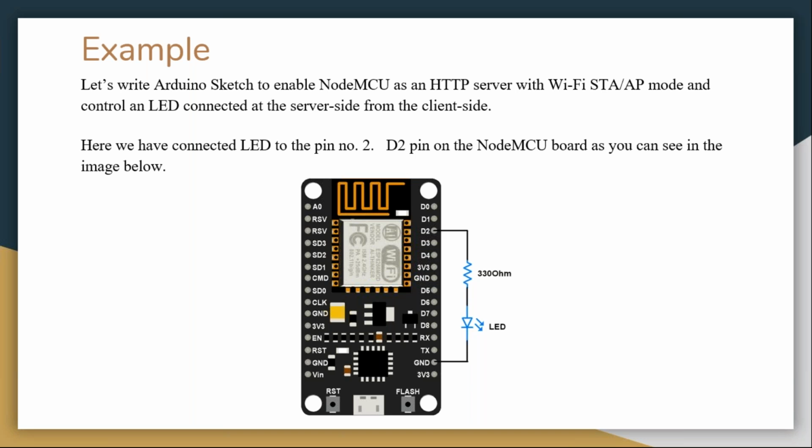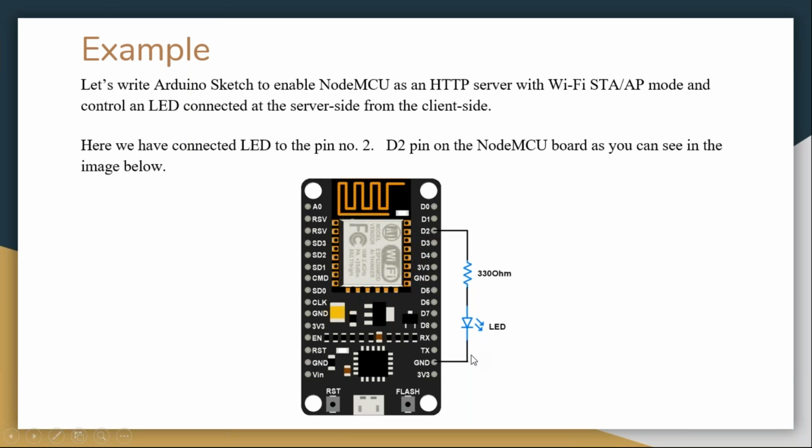Here we connect the LED to pin D2 on the Node MCU board. As you can see in the image below, the D2 pin is connected to a 330 ohm resistor with the LED, and the LED's other terminal is connected to ground.